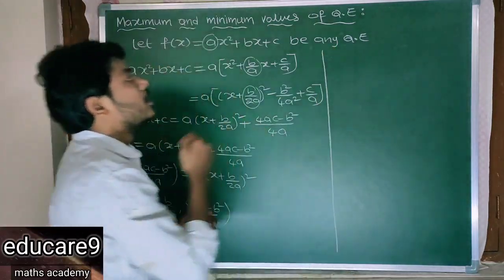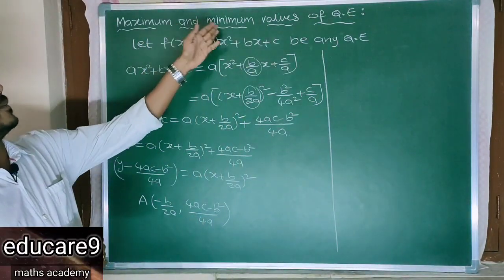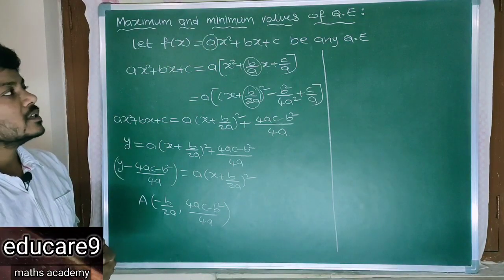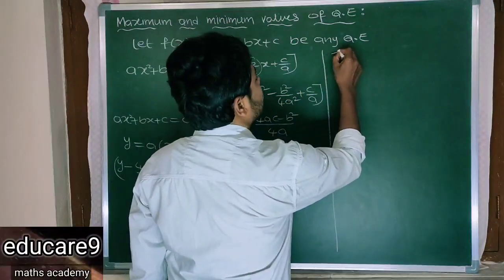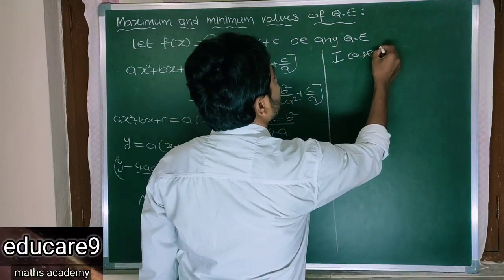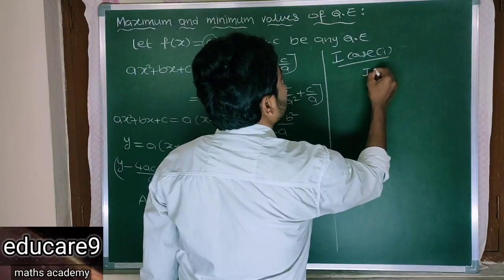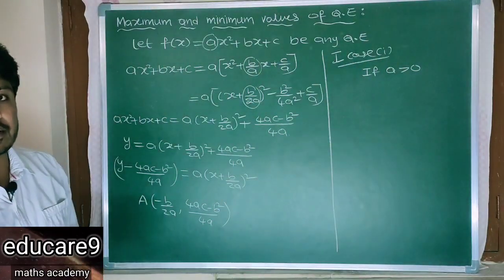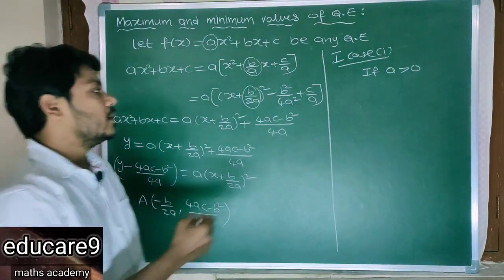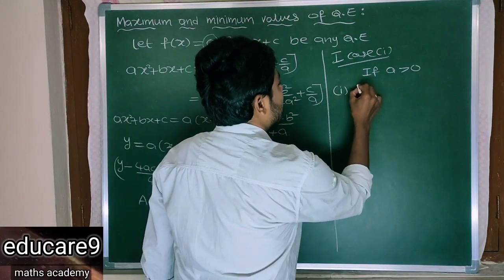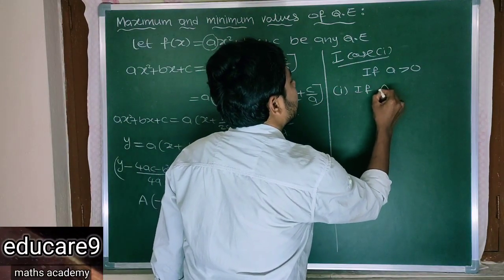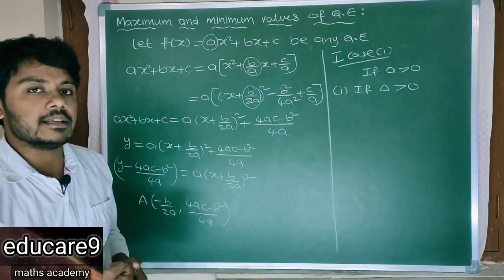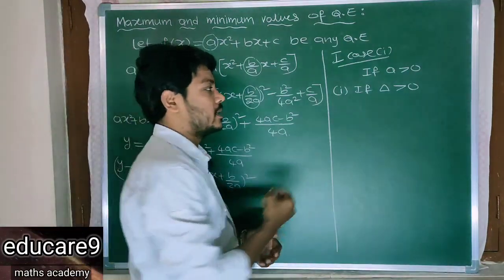Now here you want to find the maximum and minimum values, which depend on the coefficient of x square. So in the first case, if a is greater than 0, and if delta is greater than 0, in that case the roots are real and distinct.